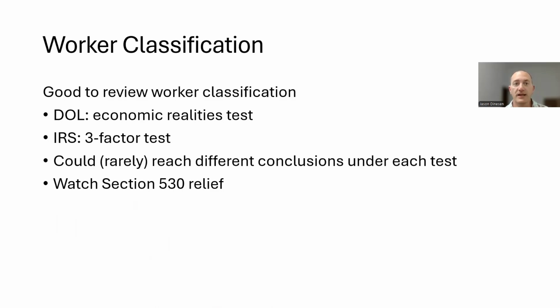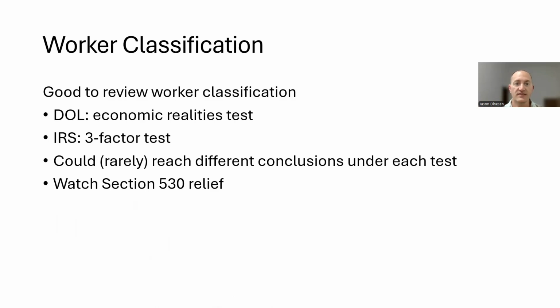And different government agencies have different views on who is an employee and who is a contractor. The 3 main agencies that could look at this issue are the Department of Labor, the IRS, and states. And as it relates to this discussion about overtime and reporting it on a 1099, you're looking at Department of Labor and IRS.